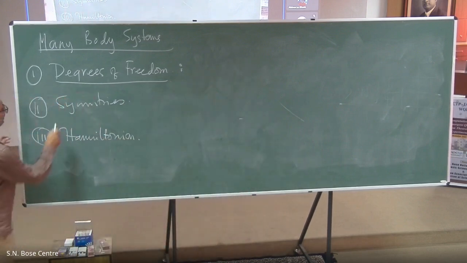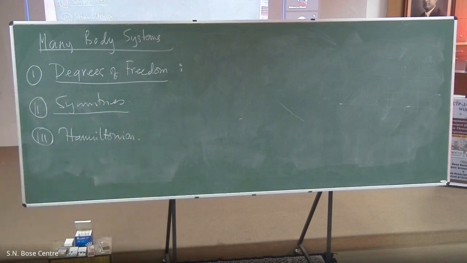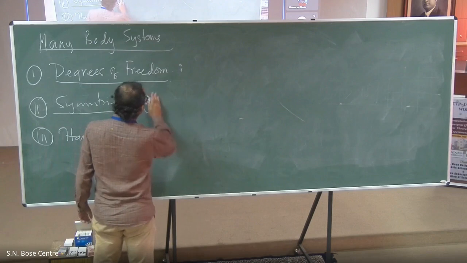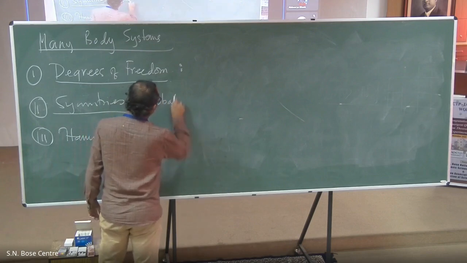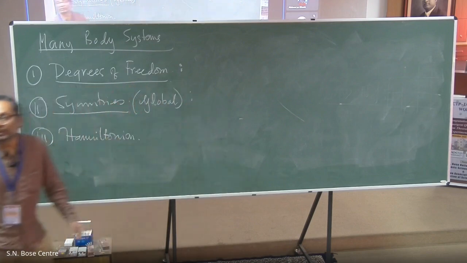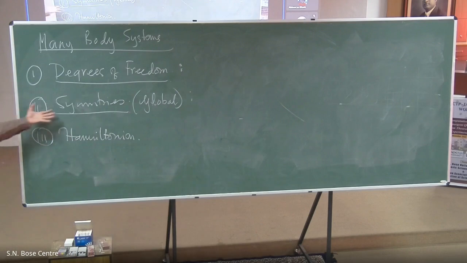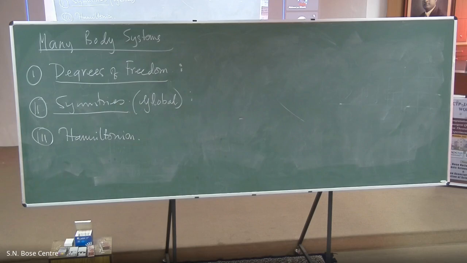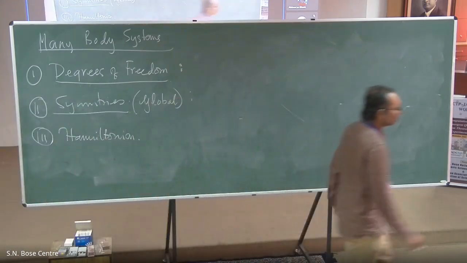So the next thing is symmetries. In particular, I'll talk about what are called global symmetries. Again, these days with the latest developments, it's very important to distinguish global symmetries because we have new things which seem to be important, like subsystem symmetries, etc., which I'm not going to cover.